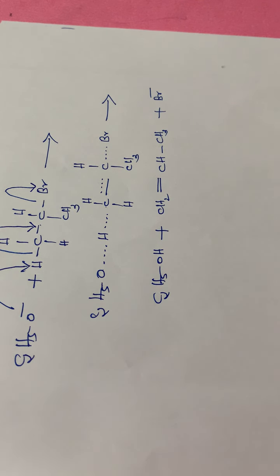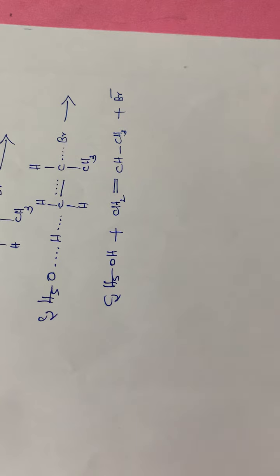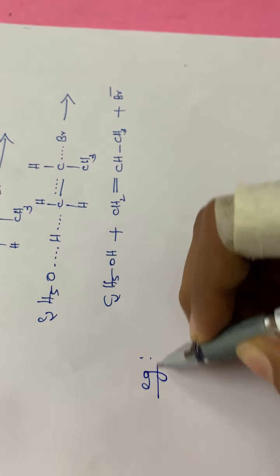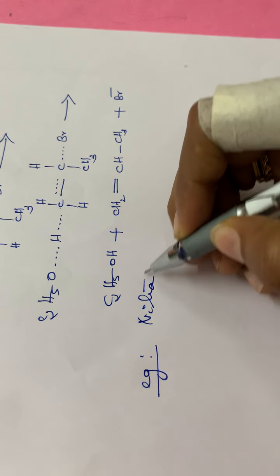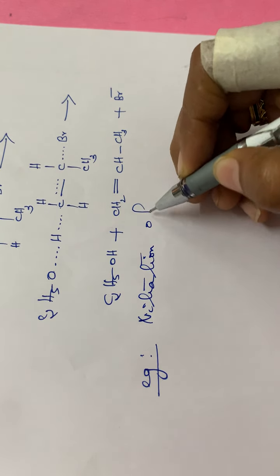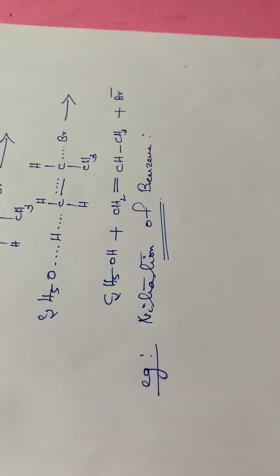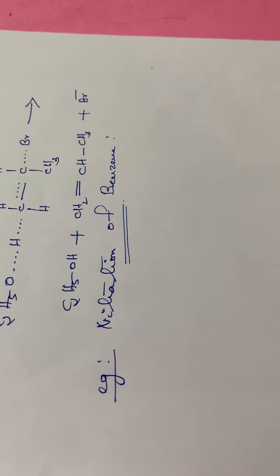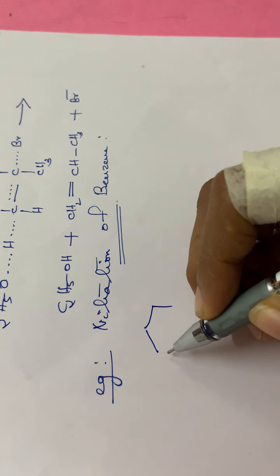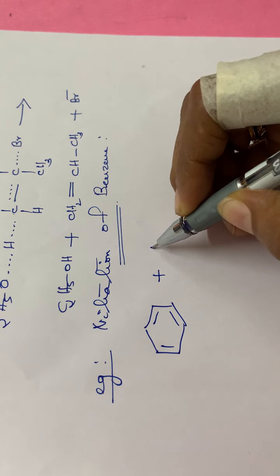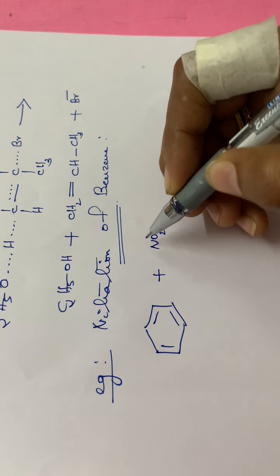Similarly, one more reaction is given in your textbook, that is regarding the nitration of benzene. Another example, nitration of benzene. Benzene plus HNO3.